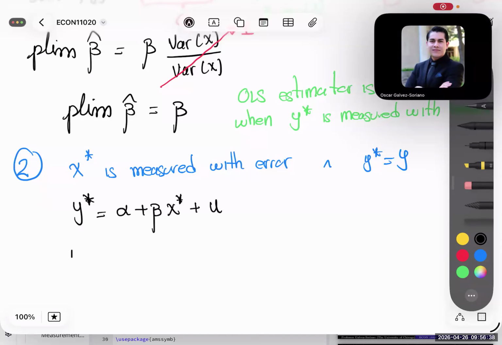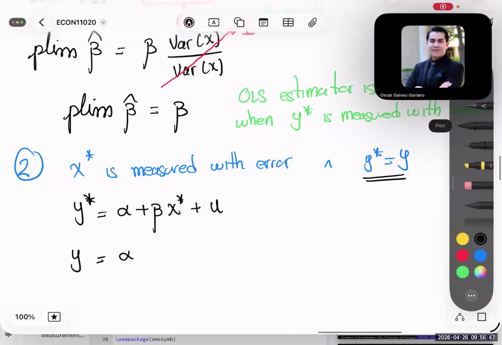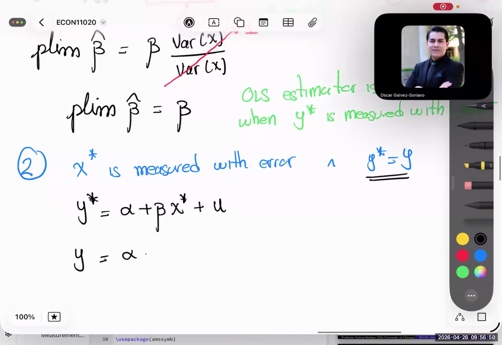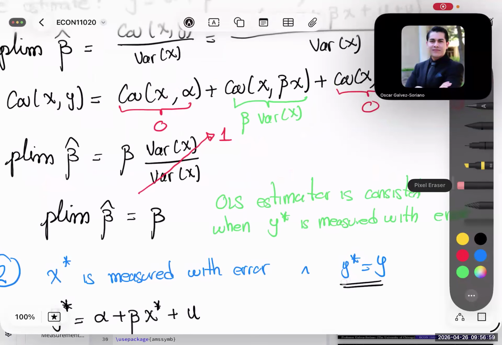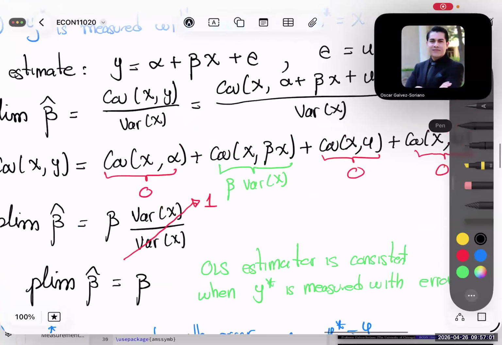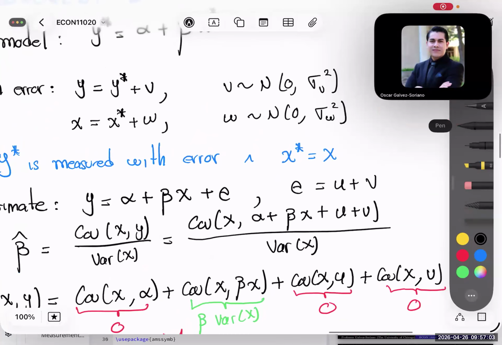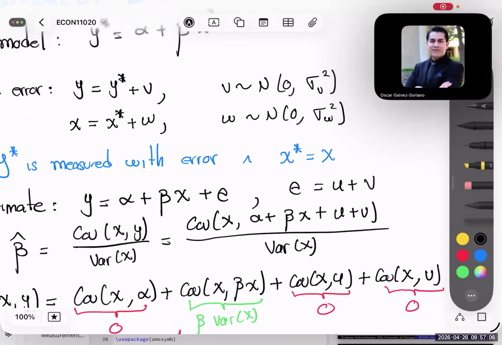But unfortunately, the left-hand side is the same, so I'm going to say y only because we say that they're the same. But the right-hand side now includes my beta x, because remember, my x is by definition x star plus w, right?